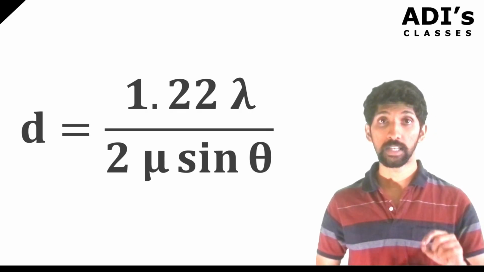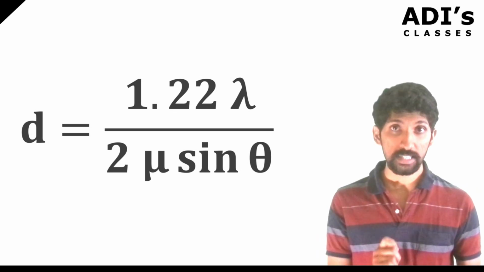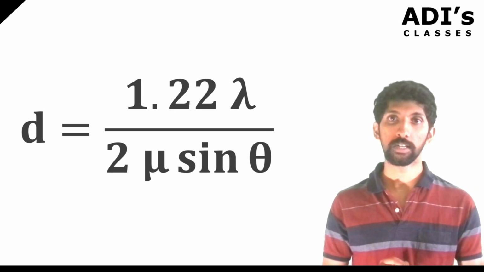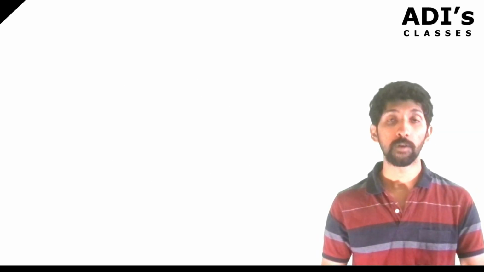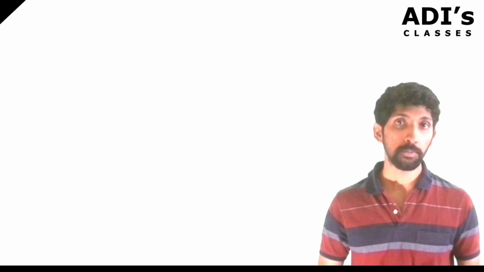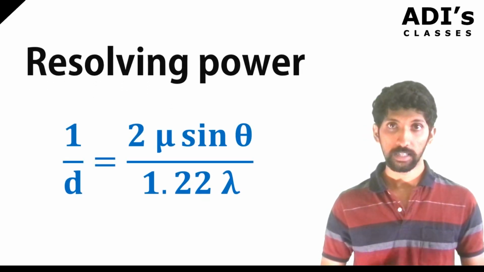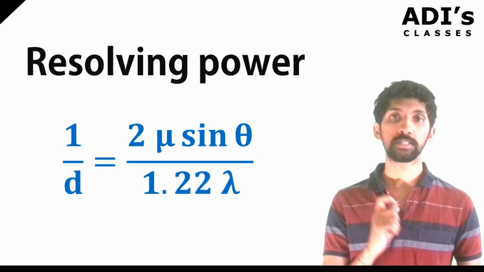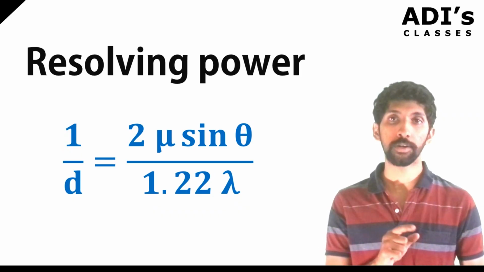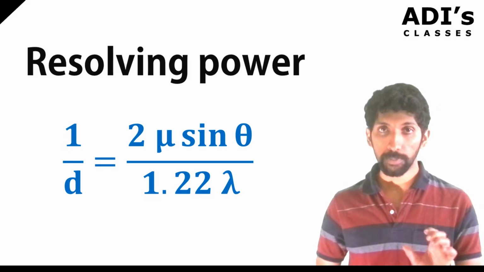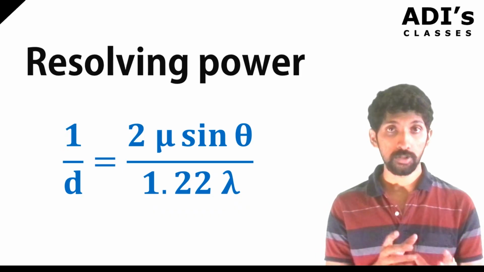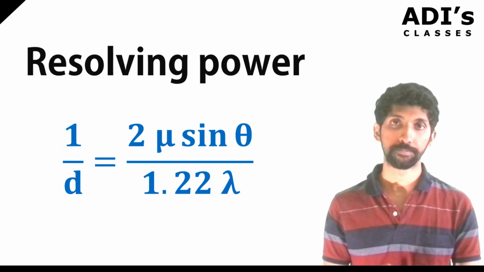This gives us the least distance, also called the limit of resolution. Now, what is resolving power? It is the reciprocal of this, so 1 by D equals 2 mu sine theta divided by 1.22 lambda. This formula gives us the resolving power of a microscope.